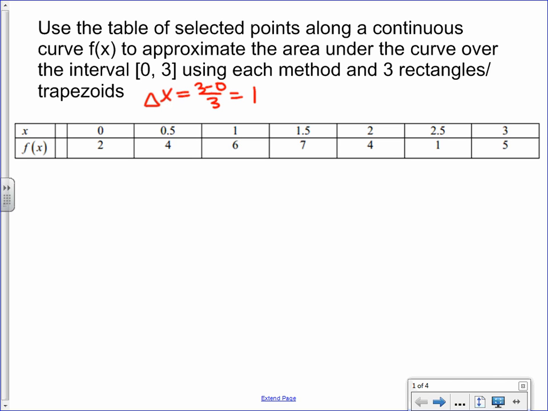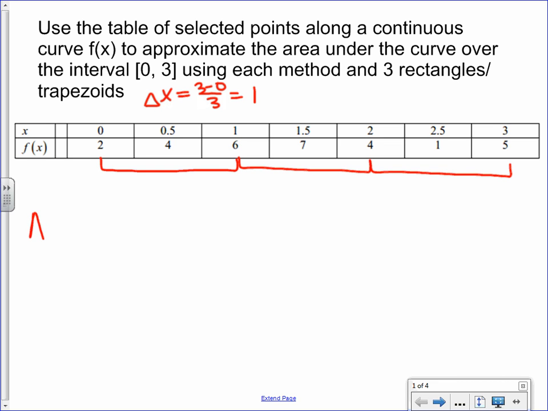If you have a table, what I like to do is connect where I'm going to have a trapezoid. I'm going to have a trapezoid from 0 to 1, from 1 to 2, and from 2 to 3.